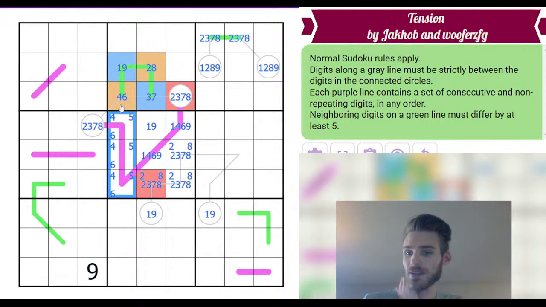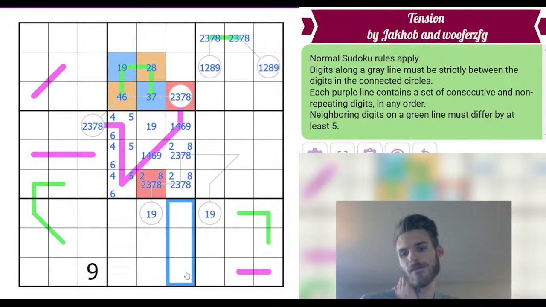And that creates a 4, 6 pair in this column. This digit is also on the line and must be over here. So must be down here. I don't see how to use that.